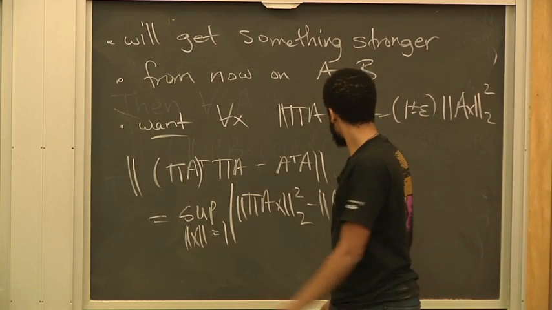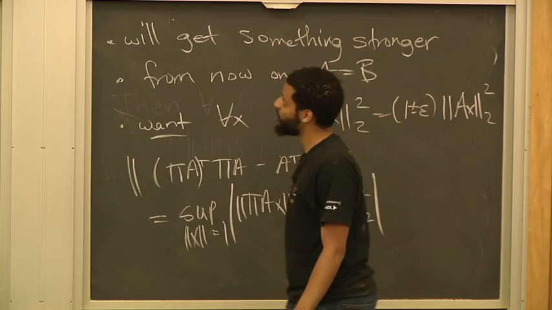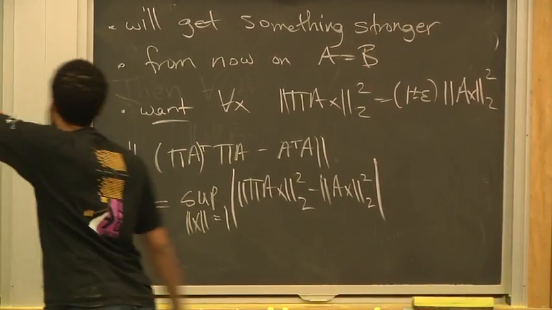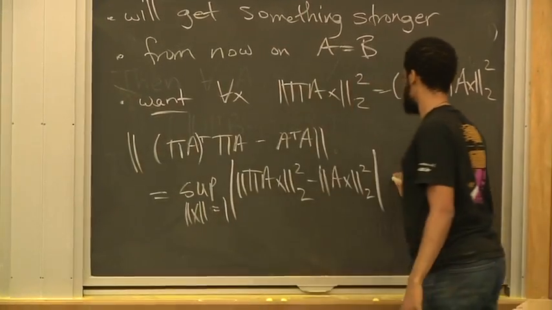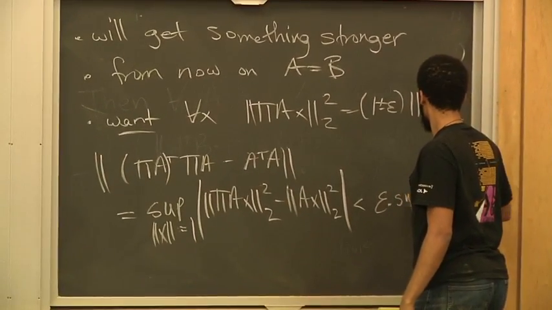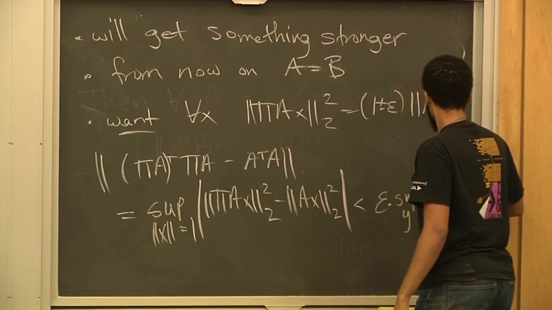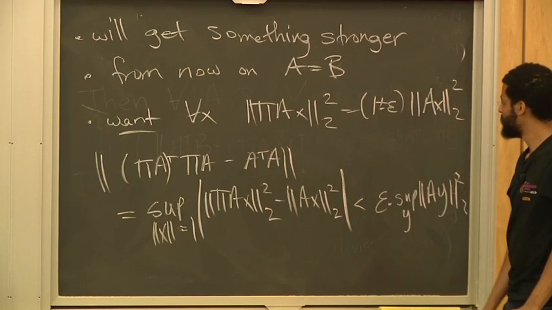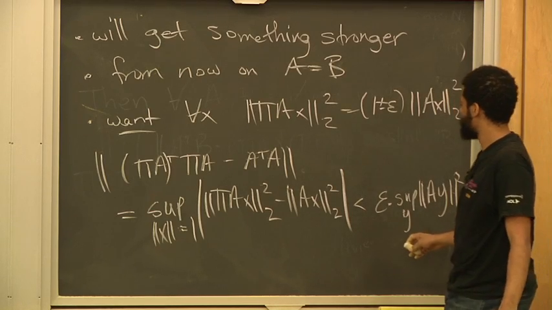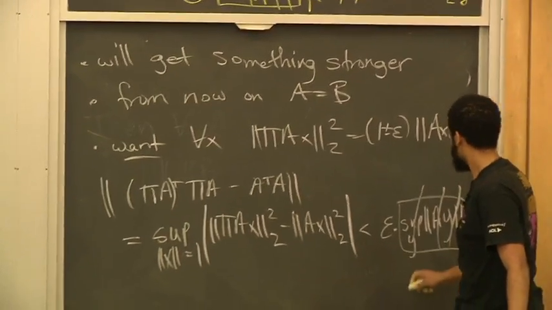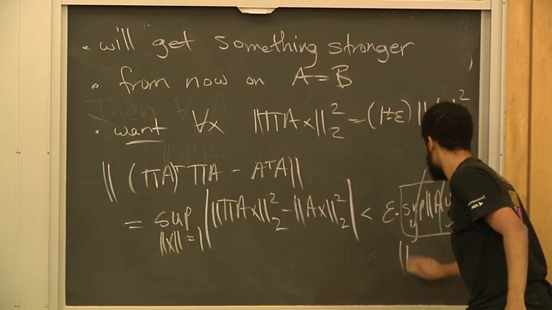And what that bound would give us is it would say that this thing is at most epsilon times the sup over all y of Ay squared. Right? But what I actually want is I just want this to be at most epsilon times Ax squared, right?